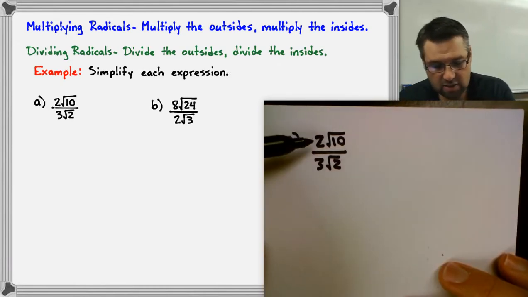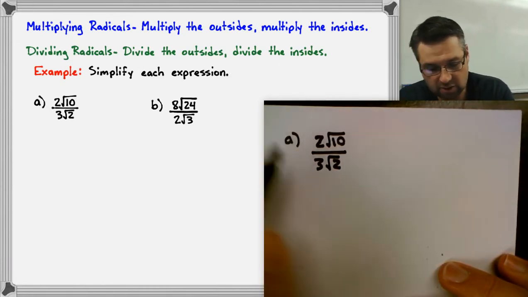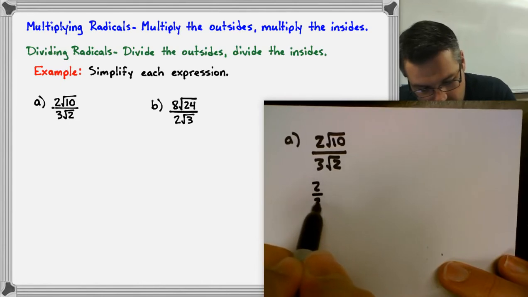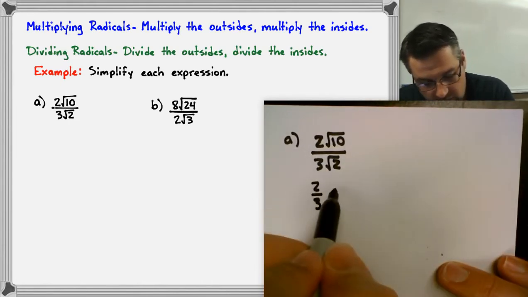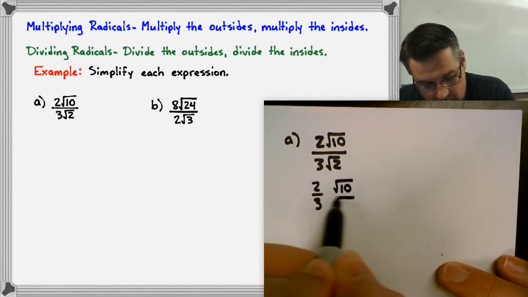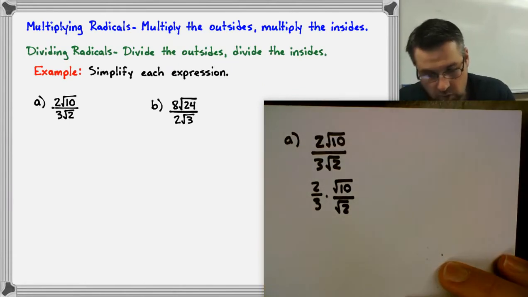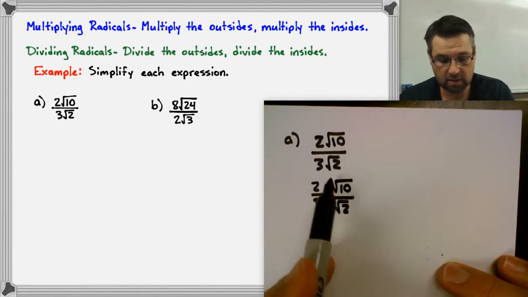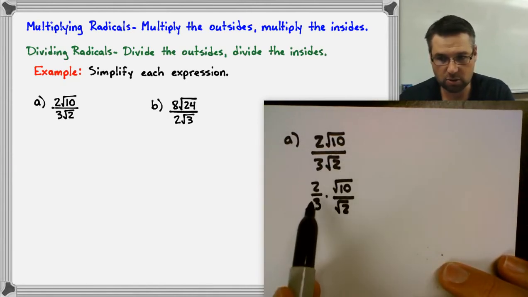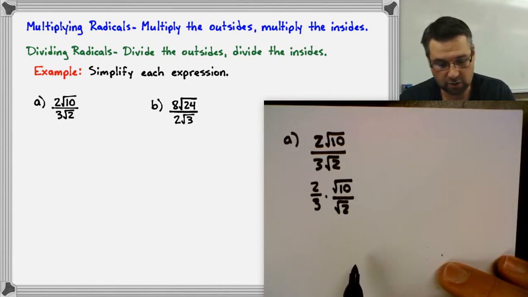So we can see that the 2 and the 3 are both outside. I'm going to put those together as one fraction. And then the other fraction is going to be the radical 10 divided by the radical 2, and we'll put a multiplication sign in between. This means the same thing. 2 rad 10 over 3 rad 2 is the same as 2/3 times rad 10 over rad 2.